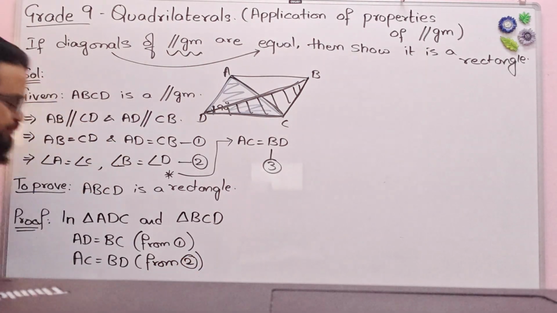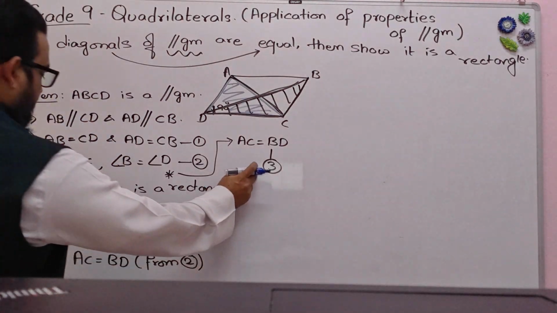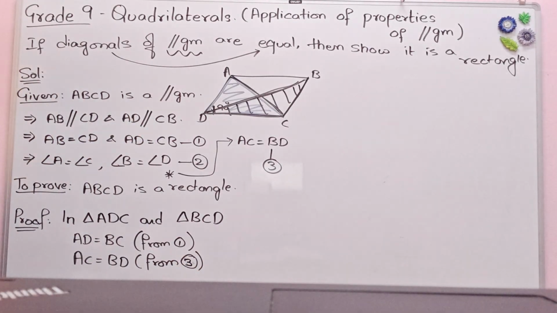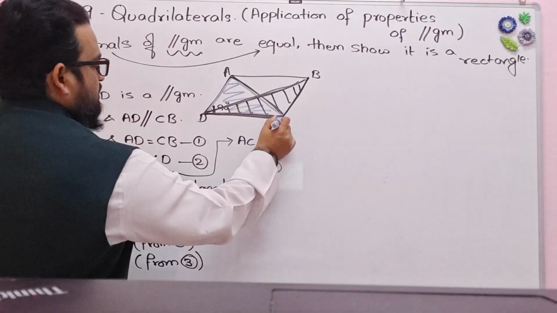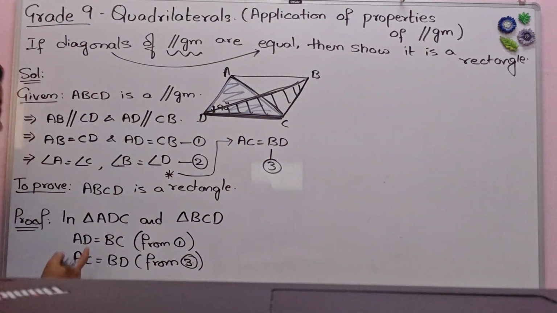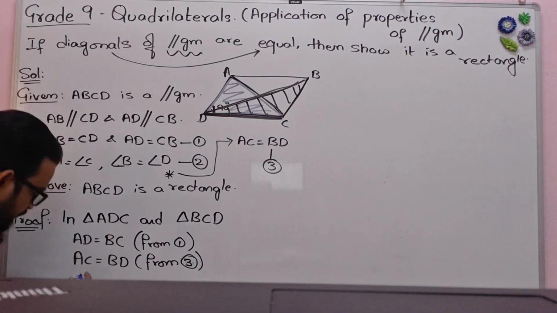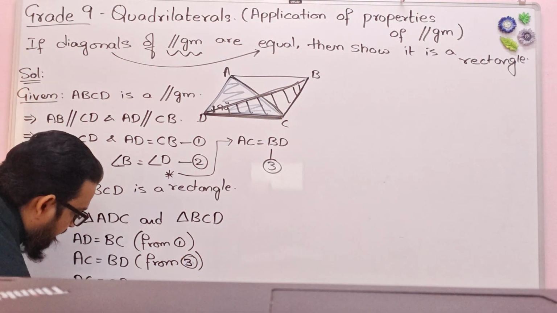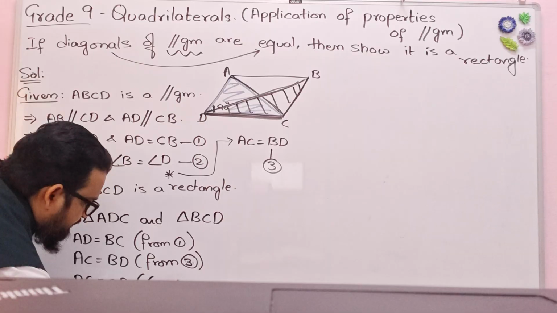From third, because diagonals are equal, it has been given. And what is this? Is this the common side for both the triangles? Yes. In this, DC is equal to CD and it is common.